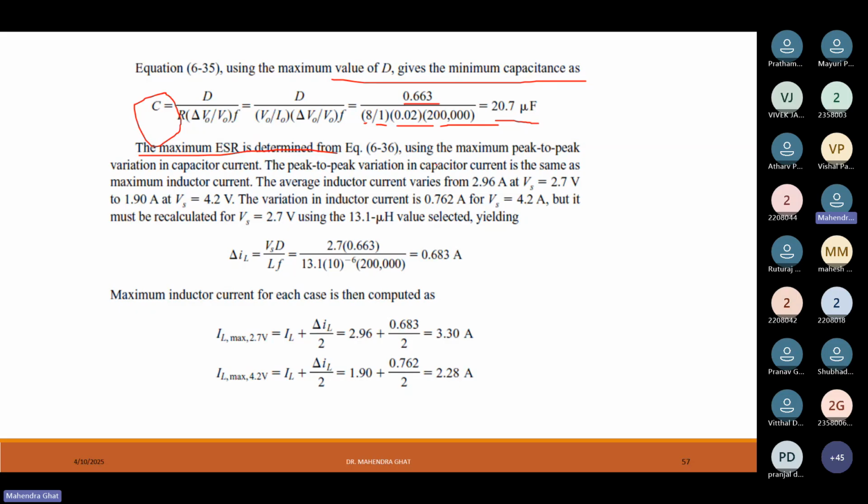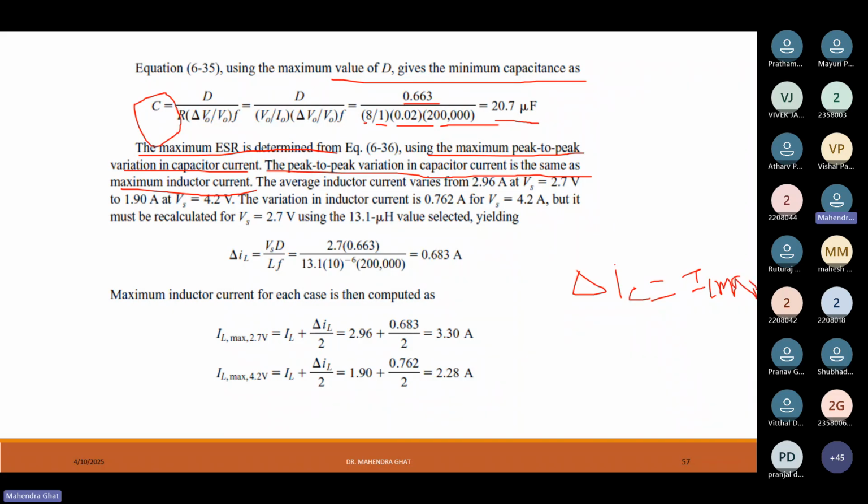That's why they have determined the maximum ESR using the maximum peak to peak variation in the capacitor current. Whenever there is a maximum capacitor current, at that time you will get the maximum ESR value, or the maximum ripple. The peak to peak variation in capacitor current is the same as the maximum inductor current. So delta Ic is equal to IL max.